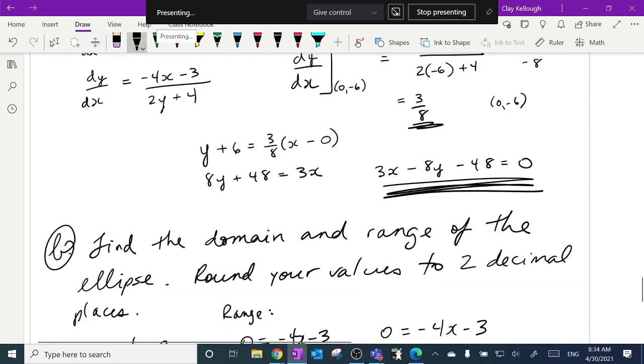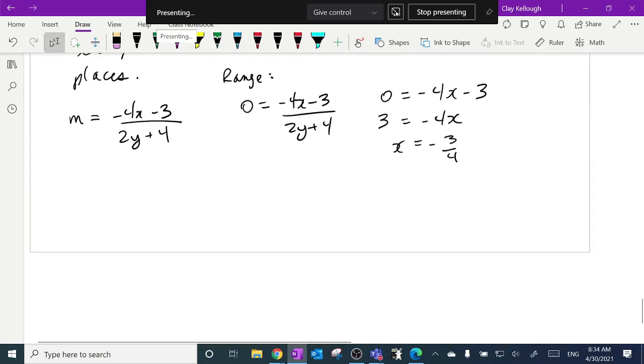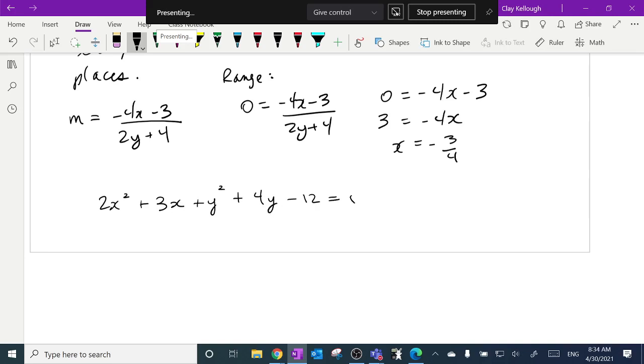I need to know the 2 y coordinates in order to find the range. So how am I going to find that? I'm going to go back to the original equation, and this is where I said your grade 11 skills are going to come in, and this is why I said you're going to need decimals. Anybody see where this is going? What am I going to end up doing to figure out what y is?